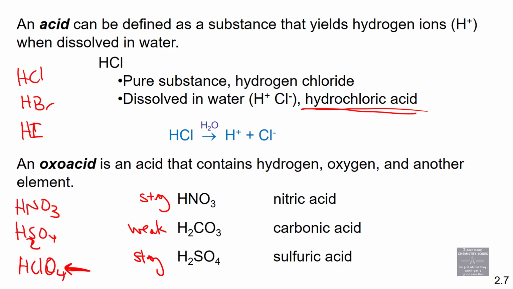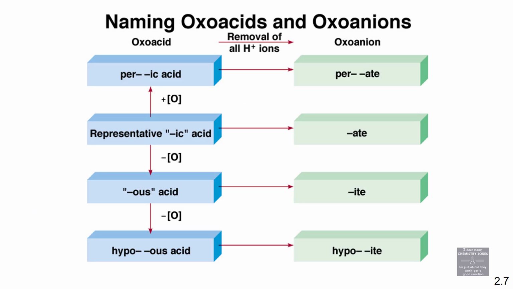Before we get to the Lewis structures of these guys, let's remind you how to name these crazy oxoacids. ClO4 minus, ClO3 minus, ClO2 minus, ClO minus. There are 4 polyatomic ions that are chlorine and oxygen only.